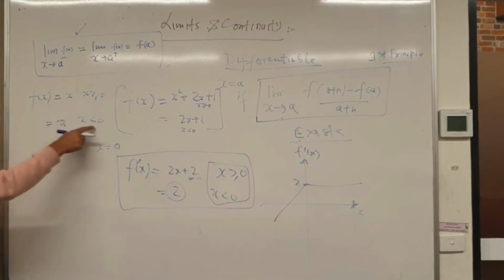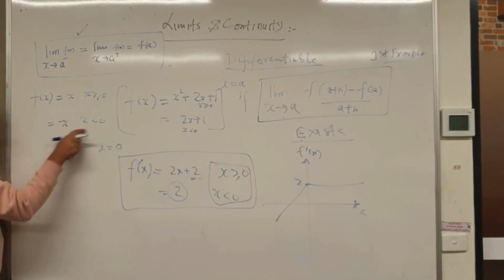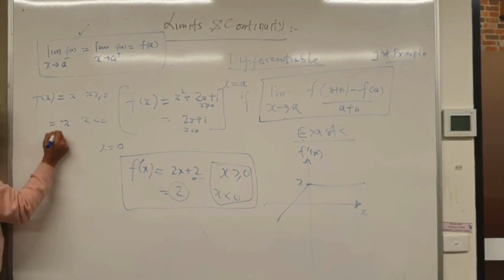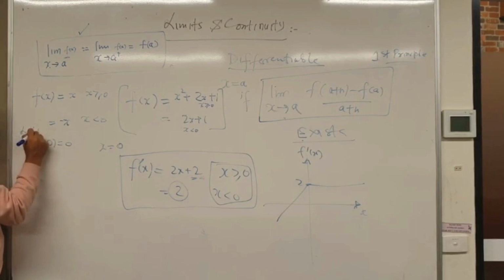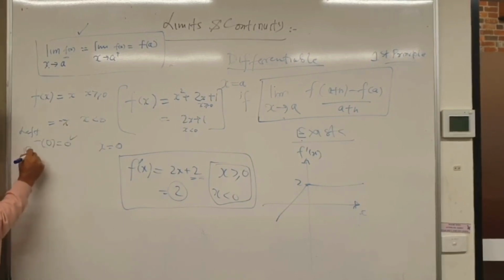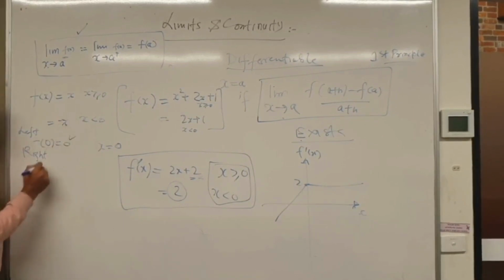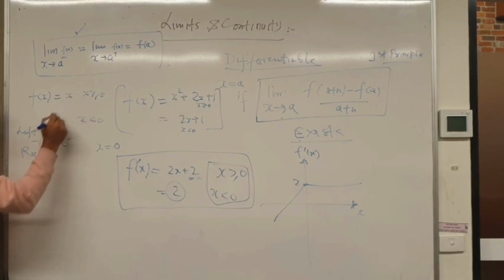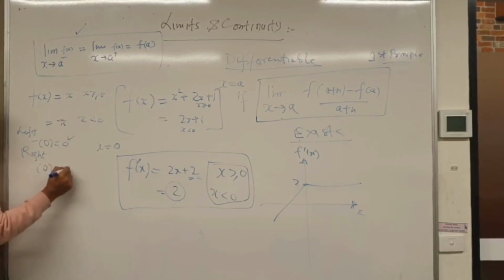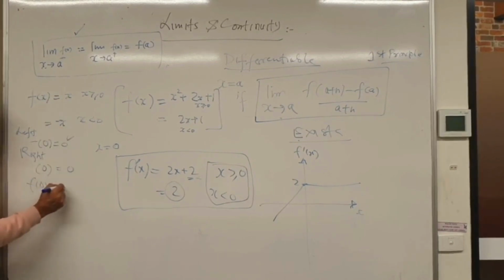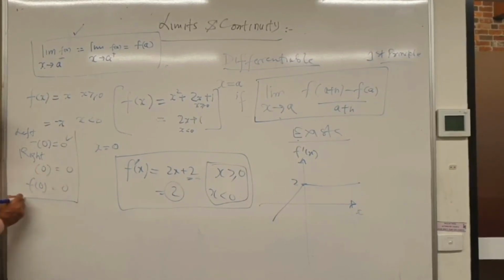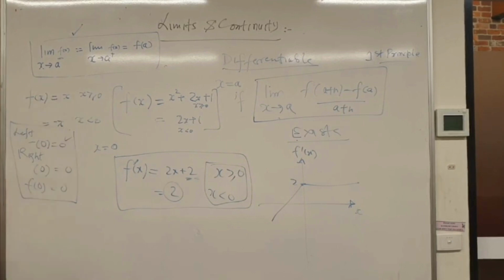If you see the right limit and left limit, plug in 0, which is minus 0, is 0. So this is the left limit. Right limit, plug in x equals 0, so you get 0. And f of 0 is 0.